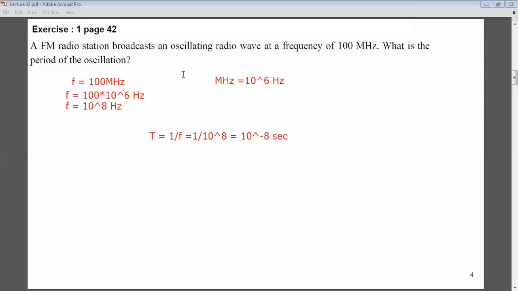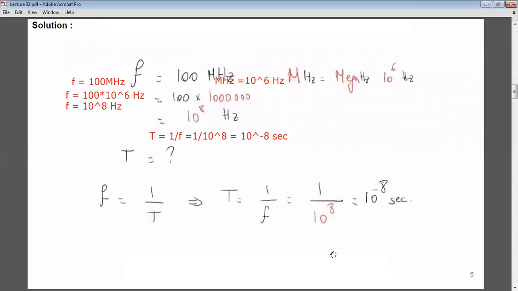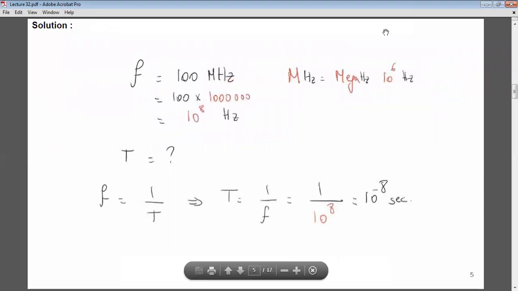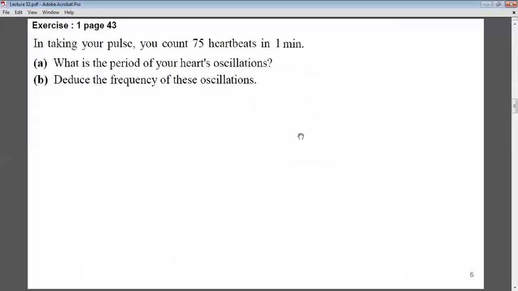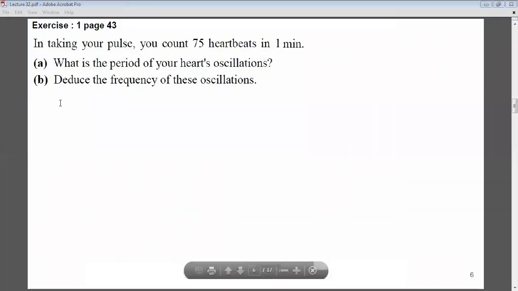Okay, let's do another exercise. In taking your pulse, you count 75 beats in 1 minute.